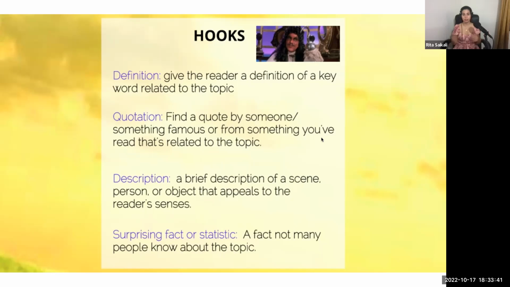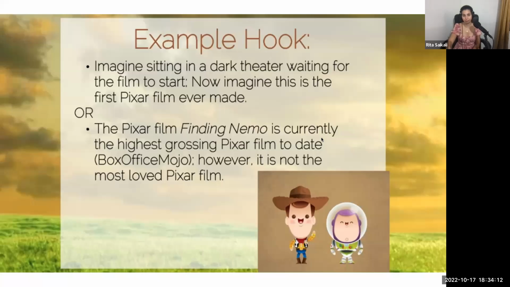Not a lot of people know that pornography affects the brain the same way as drugs. So if you present that in your hook, then people would want to read more, because it's a surprising fact or a statistic that people don't know about. You want to get the reader so interested in what they're reading that they want to continue reading your essay.